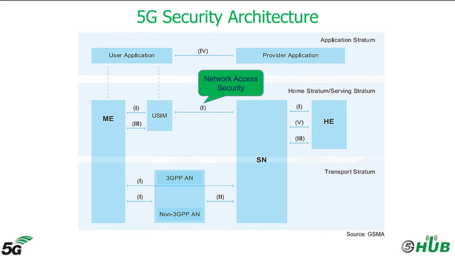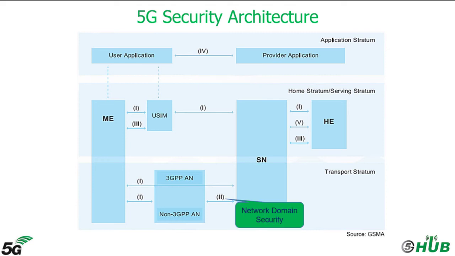In addition, it includes security context delivery from a core network to access network for the access security. Specific security mechanisms include bidirectional authentication, transmission encryption, and integrity protection.